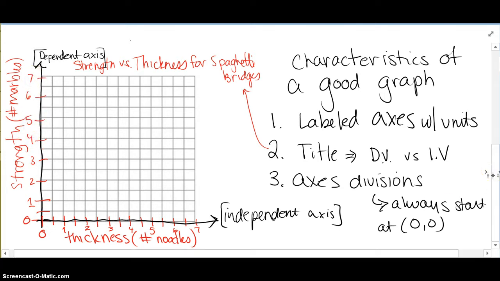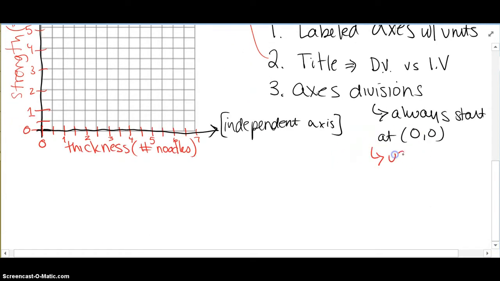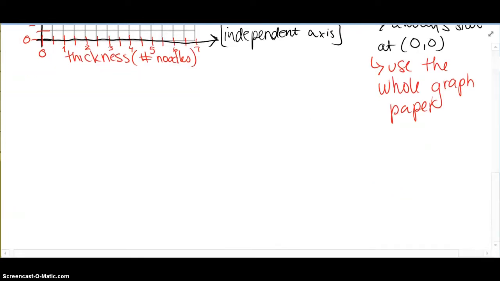You want to make sure that you use the whole graph paper. So make the spaces big enough that you can use the whole graph paper. And what I mean by that is tomorrow when you bring your graph in, I don't want to see any that have just this little part of the graph used.